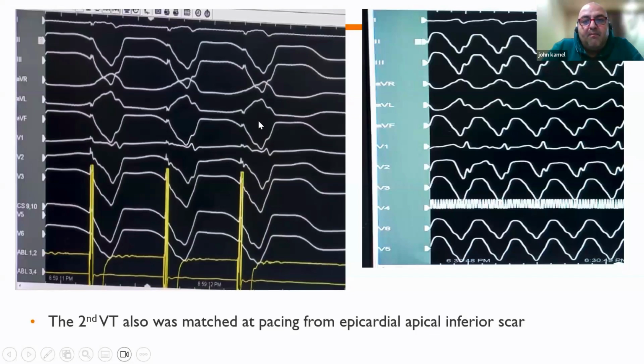We match the tachycardia. It's a 92 to 93% match on the CARTO machine, but we are on the right track for ablation of the clinical VT.